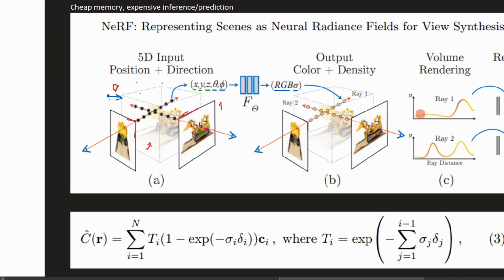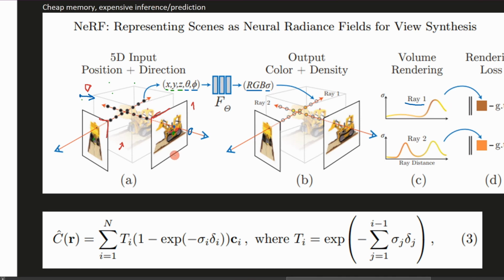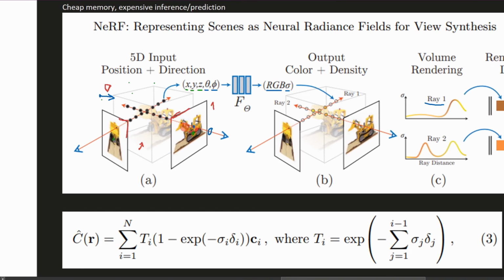And you can see those rays. So this is a visualization of the thing I was just mentioning. So you take a ray like ray 1, so that may be this red line here, and you can kind of visualize the volume density here. And now how NeRF works is you take a bunch of points along a certain ray. Like you can see these black dots here.